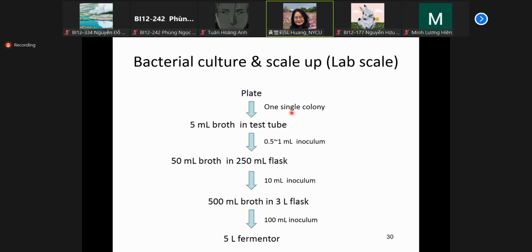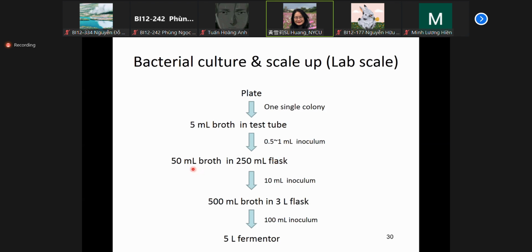Normally when we scale up, we will use a ratio of about 1 to 50 or 1 to 100 dilution. As in this example, if we inoculate 0.5 ml into 50 ml broth, that is a 1 to 10^2 inoculant ratio, or if it's 1 ml, it's a 1 to 50-fold dilution.